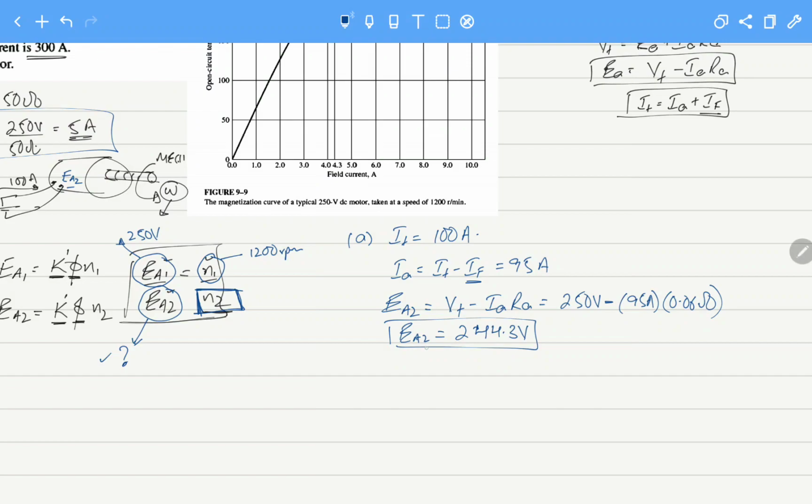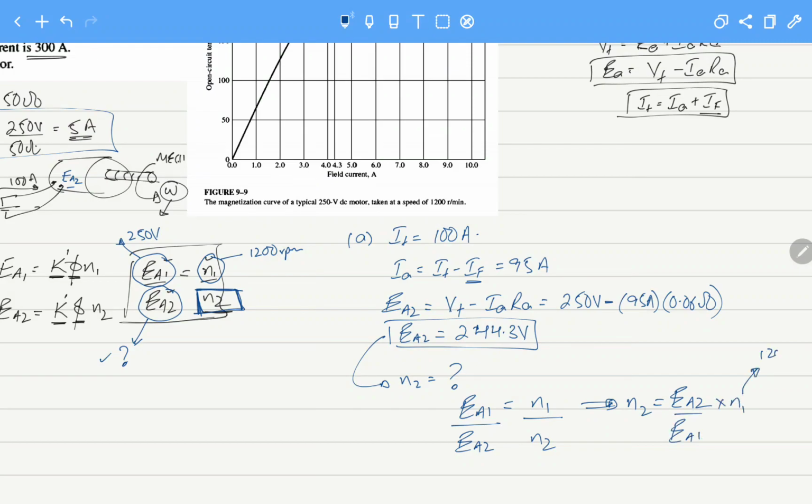So the question was, when the voltage has fallen to this value, what will be the speed of the motor? As I have previously shown, for N1 we have EA1, for N2 it should be EA2. So N2 equals EA2 over EA1 into N1.